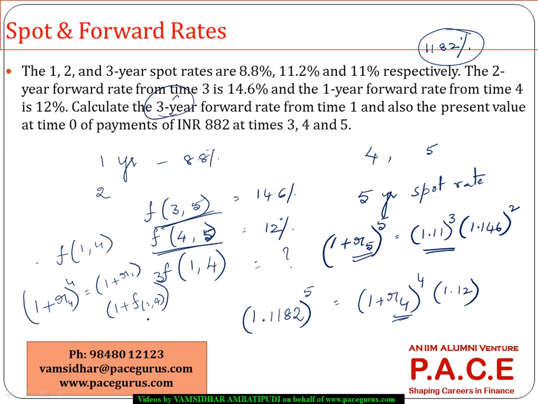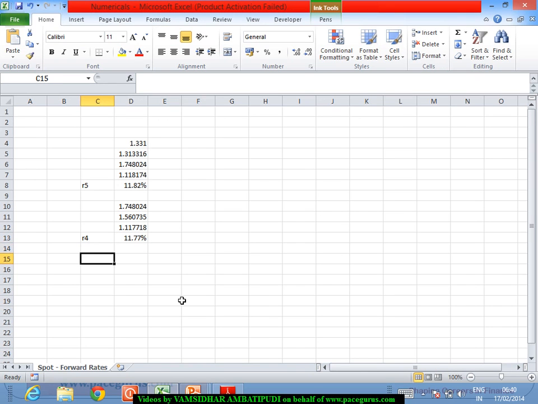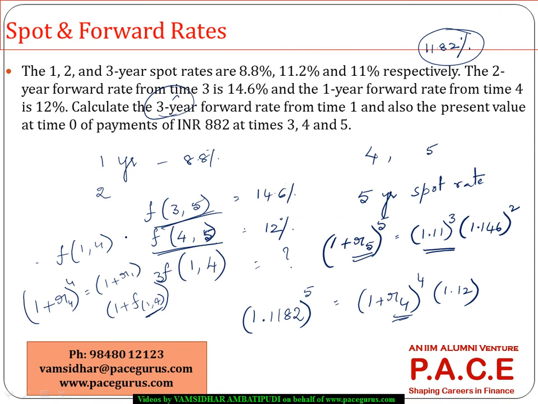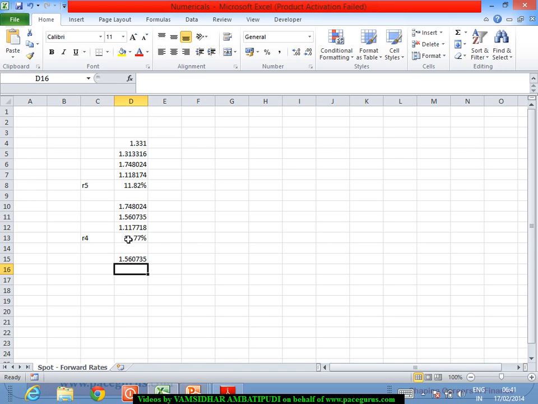So from here I can find f between 1 and 4: 1 plus r4 to the power 4, divided by 1 plus r1. R1 is only 8.8%, so I divide this number by 1.088.